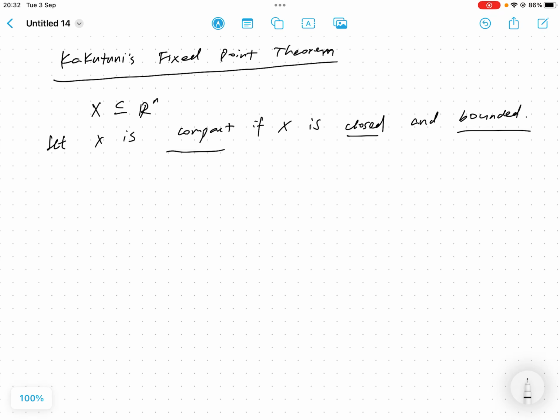So let's say in the two-dimensional space of real numbers, let's give some examples of compact sets and some counterexamples. Let's say a set X. Within this range, this little shape here is a compact set.